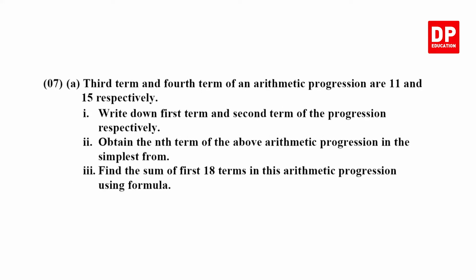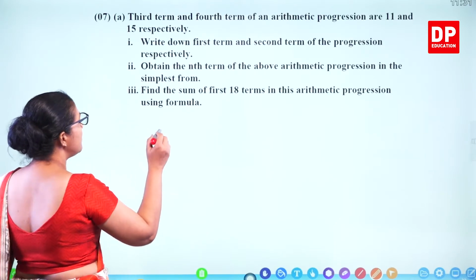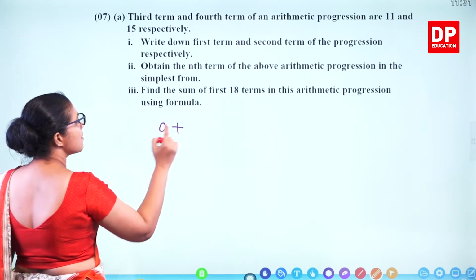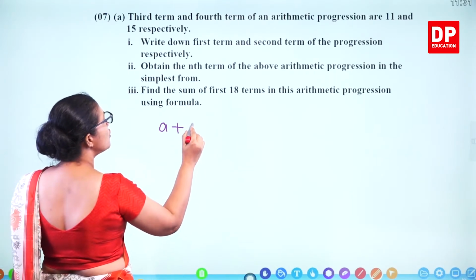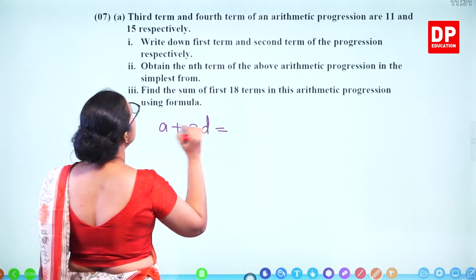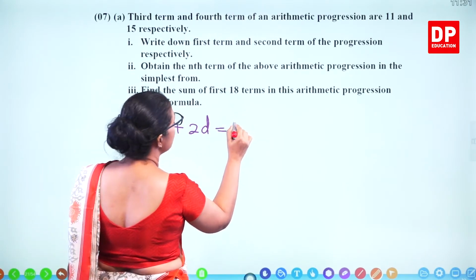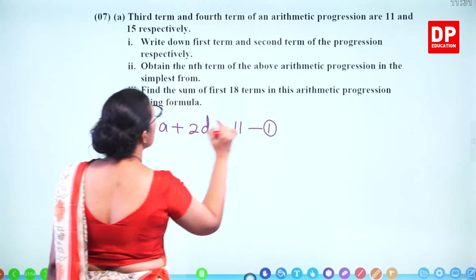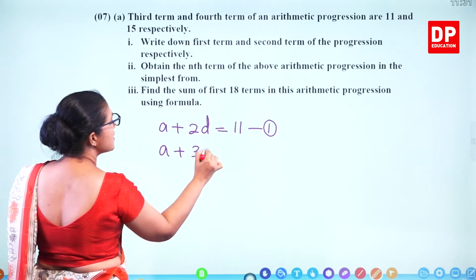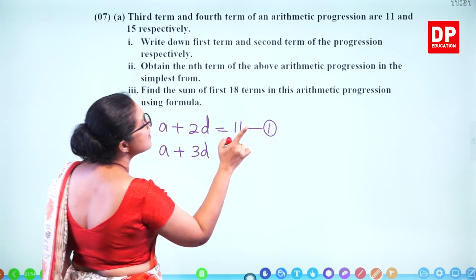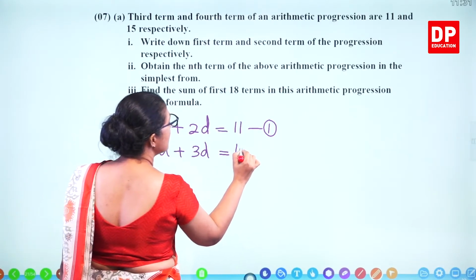Question number 7, part A. Third term and fourth term of an arithmetic progression are 11 and 15. So how do you write down the third term? A plus, first term is A, n minus 1, so 3 minus 1, 2d. That's third term is 11. And the fourth term, how can you write? A plus 4 minus 1, that's 3d equals 15.